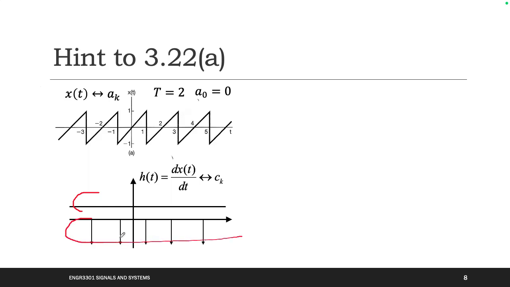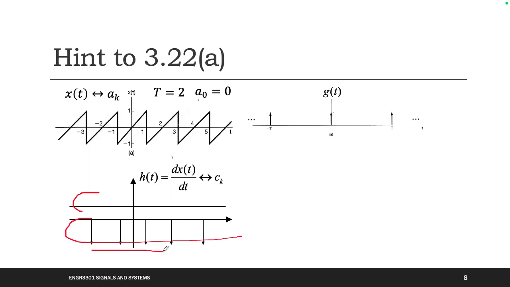If we want to find the FS coefficient for this part, do you know which FS pairs we can use, the often used ones? Yeah, that one, this signal.